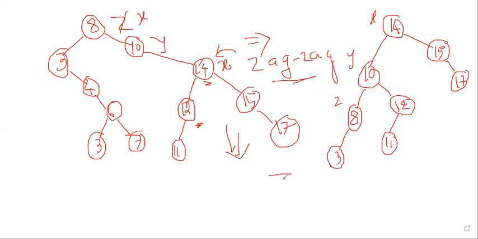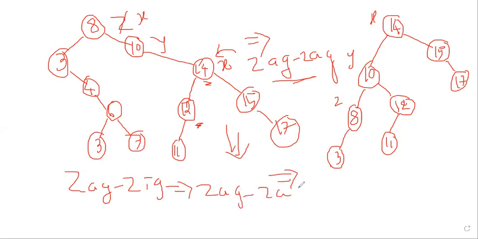So the given tree is converted into a splay tree by applying a different set of rotations. The first thing we applied is the zig rotation. Next we applied the zag rotation, and then again the zag rotation.